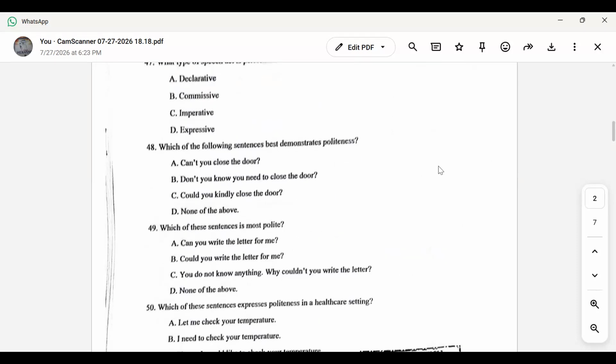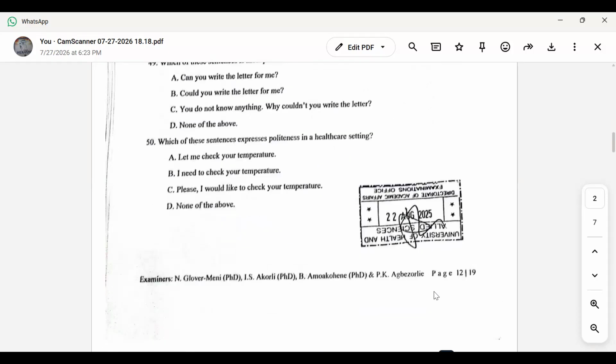We mentioned it. It's B, B for boy. Okay, thank you. 50, what is the answer? C, C for cat.